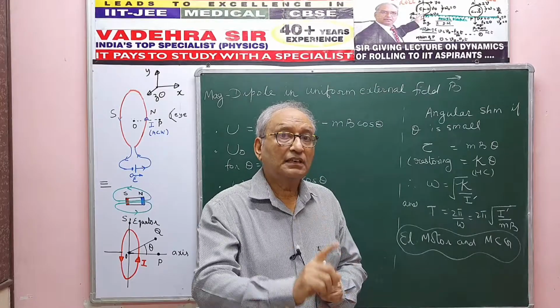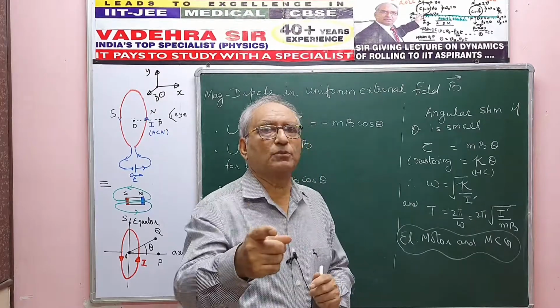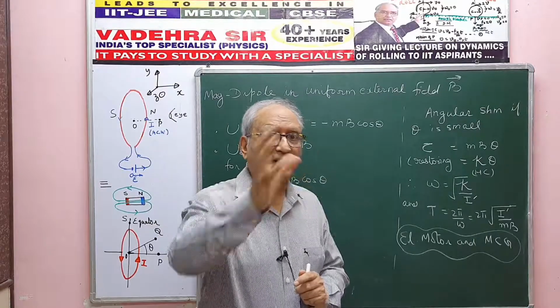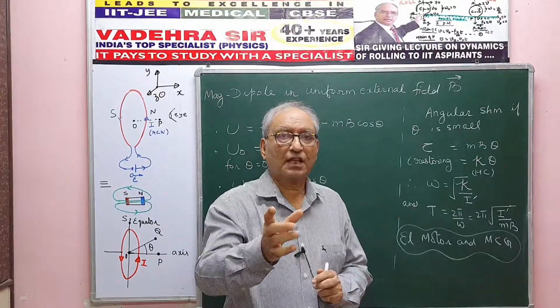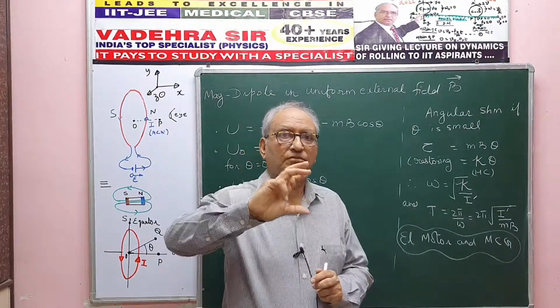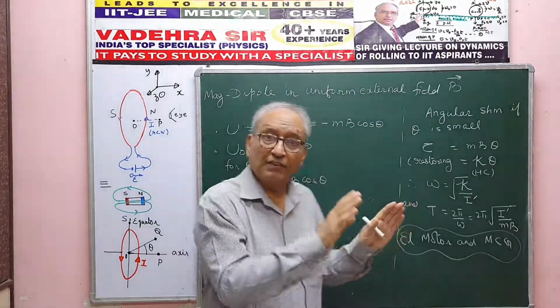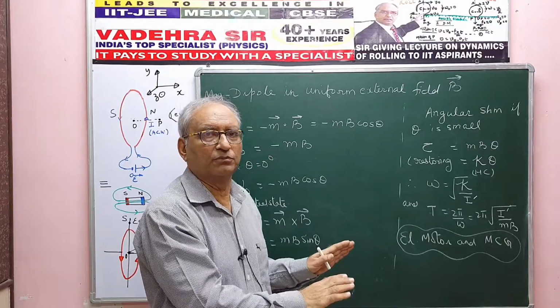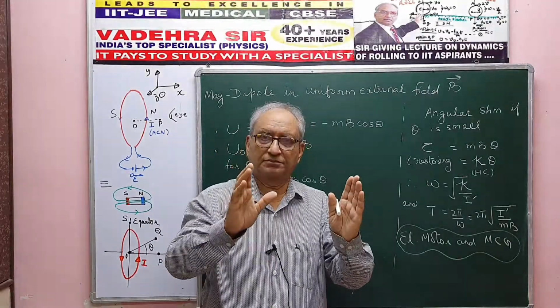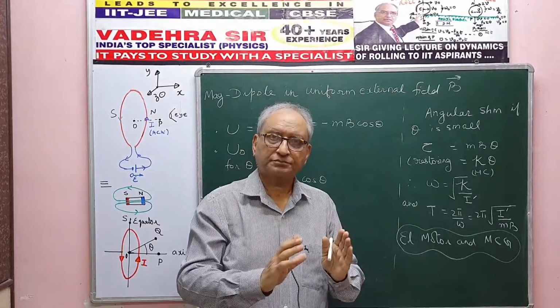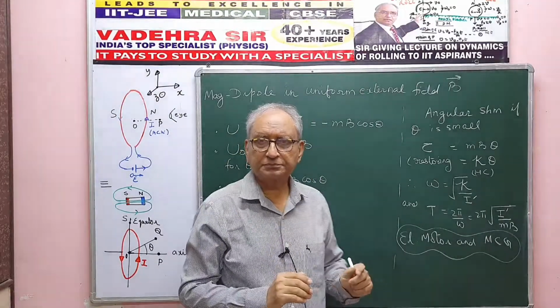Electric motor and moving coil galvanometer are something similar, both very important for your syllabus. But both these devices, the electric motor as well as the moving coil galvanometer, I will not discuss in this particular video. I'll build a separate video and post it on YouTube.